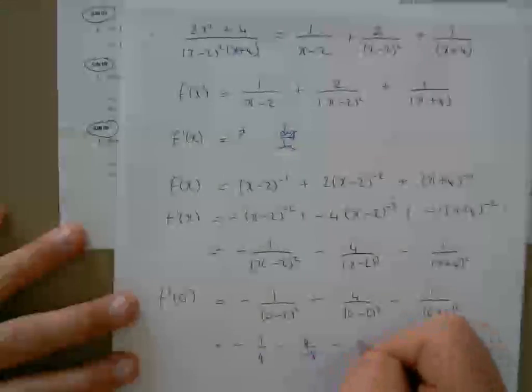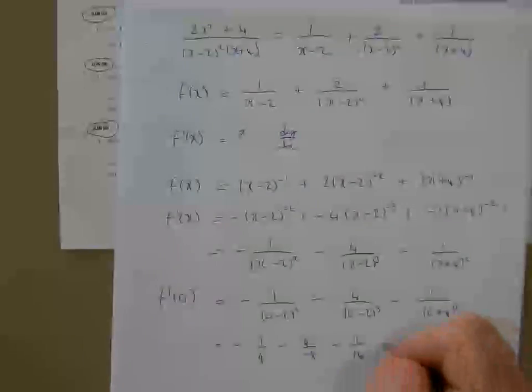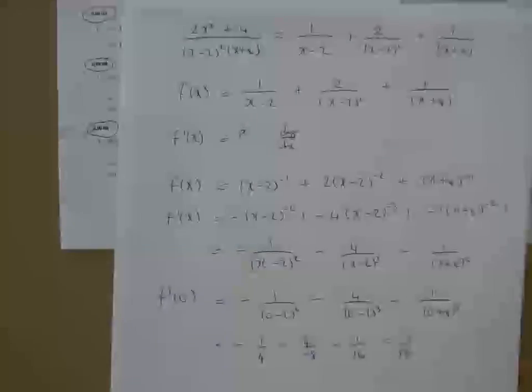Use your calculator on this, of course, minus 1 over 16. So we just work that out and we've got our answer. And my final answer is 3/16. 3/16 is what we want.